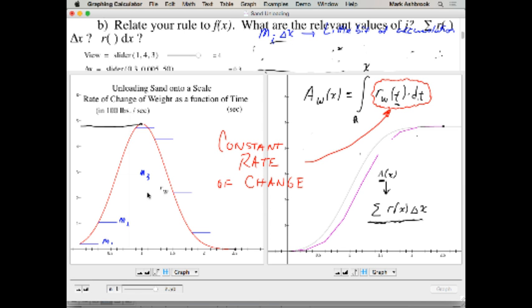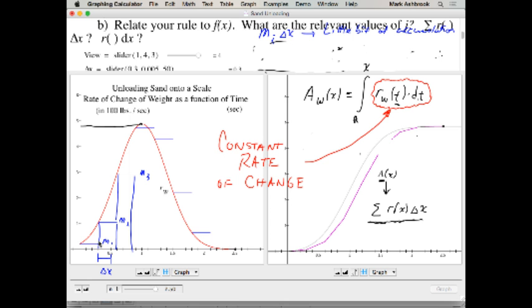In the left graph, whenever we did this rate times delta x, that also happens to be the area of a rectangle, right? Delta x being the base, and the height being the rate on the left side.